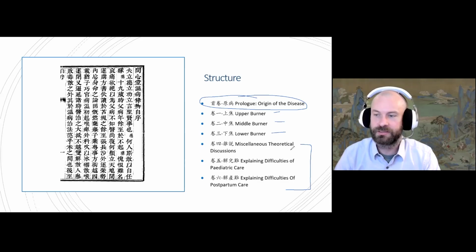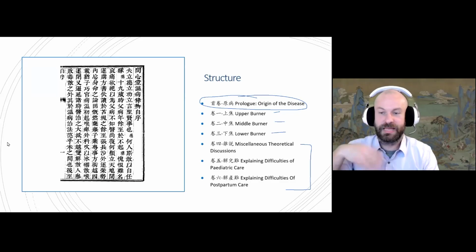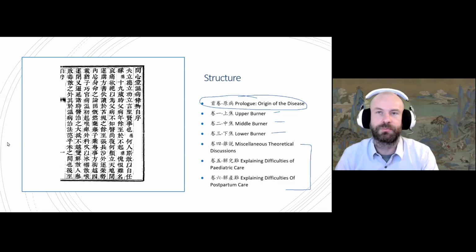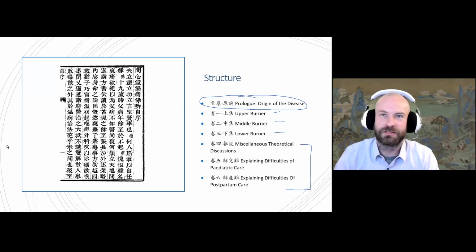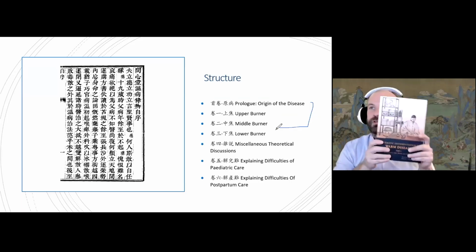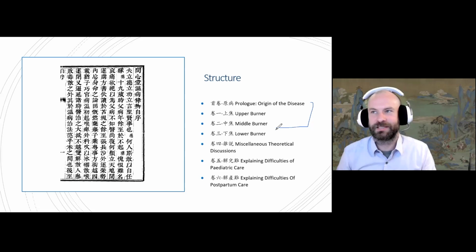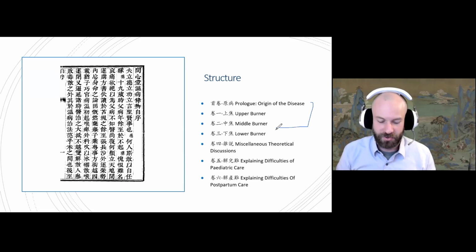Some miscellaneous theoretical discussions, then difficulties about pediatric care, and then difficulties about postpartum care as well. So he just writes essays on these other miscellaneous topics. I just thought I'd let you know. The first volume of this text includes the first 3 chapters: the prologue of the disease, upper burner and middle burner.